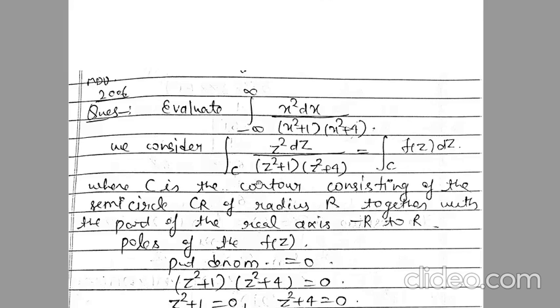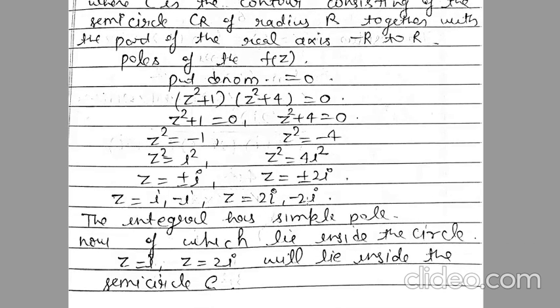Now we have our f(z). Next we will find the poles. For the poles, you put the denominator equal to 0. So the denominator (z square plus 1)(z square plus 4) is equal to 0. Z square plus 1 is equal to 0, z square plus 4 is equal to 0.